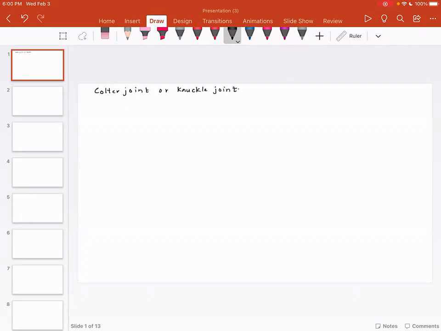Now, if you look at the structure of the cotter joint or knuckle joint, you would observe that if you have a rod on the left hand side, if you have a rod on the right hand side, neither cotter joint nor knuckle joint allow any provision for adjustment of the distance in between these two rods.